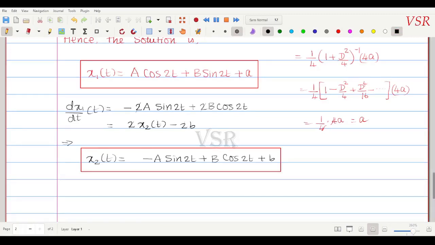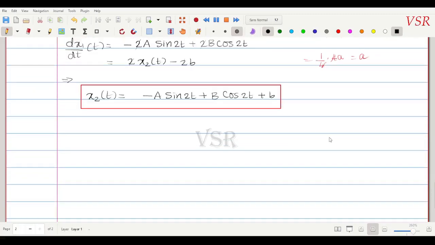So from 1 and 2 we have the initial condition. Applying the initial condition, we know that x1 of 0, which is equal to, we can write this, that is a plus r, which is equal to x1 of 0.